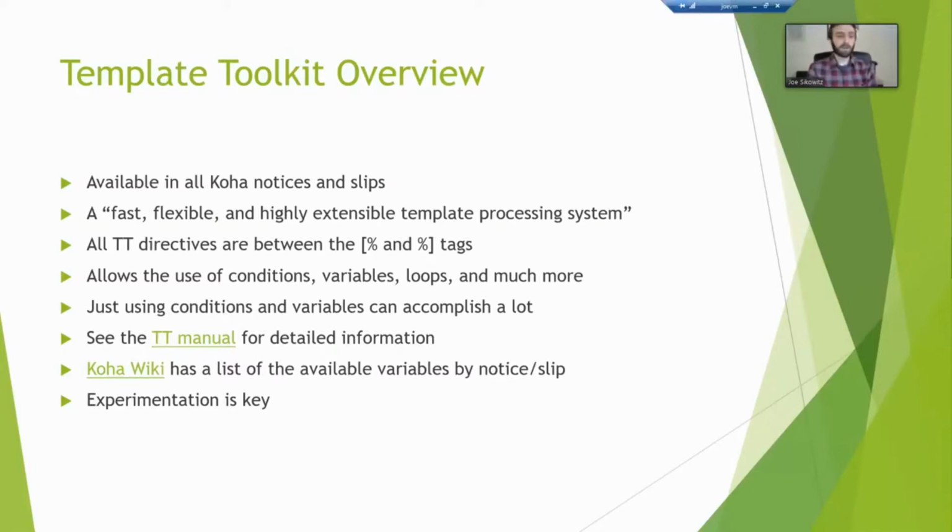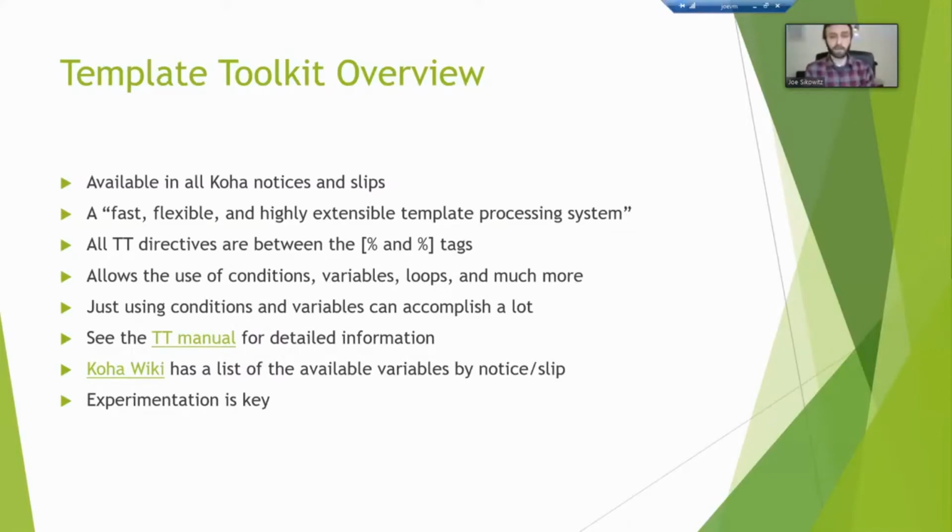One important thing to know about Template Toolkit is that all directives are between the square bracket and percent sign tags. So just like HTML has the angle bracket tags, all Template Toolkit tags have this format. Template Toolkit allows for a lot of the features of a programming language like conditions, variables, loops, and more.